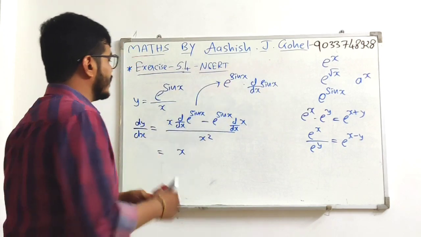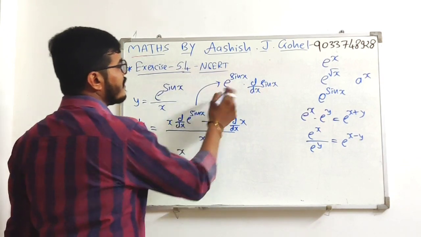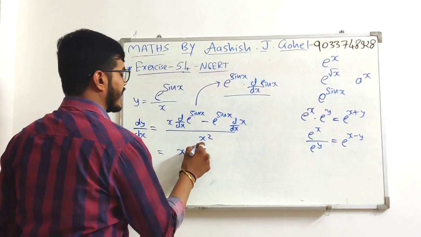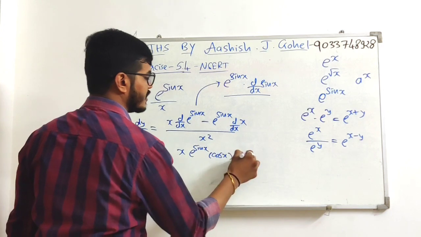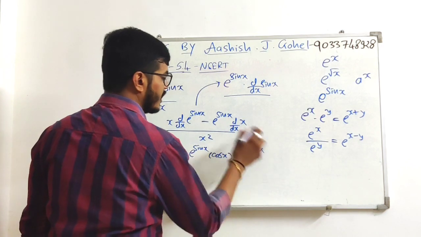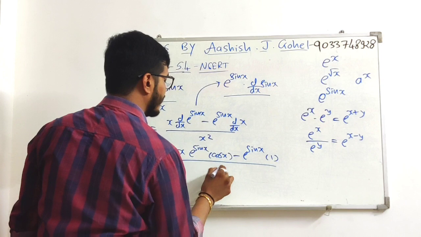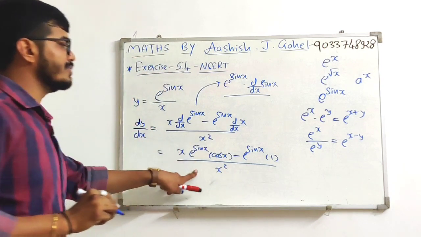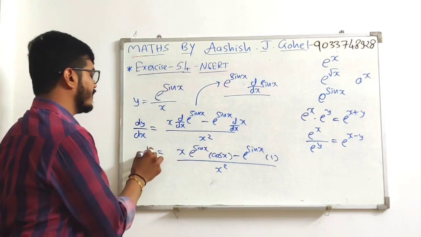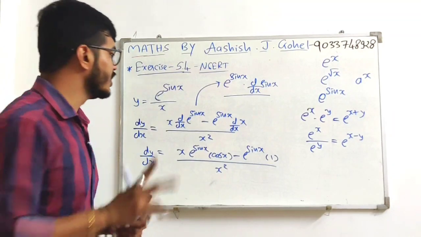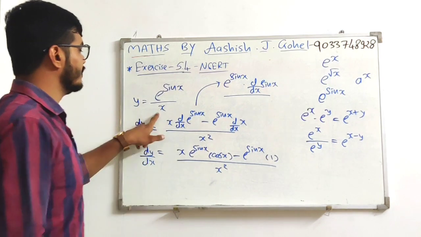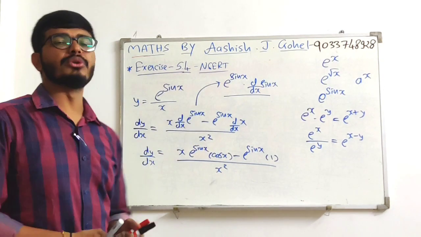So the answer of d by dx of e raised to sin x will be e raised to sin x into cos x, minus e raised to sin x into 1, all divided by x square, and this will be your final answer of dy by dx. Understood? Here we have applied two rules of differentiation, the division rule as well as the chain rule.